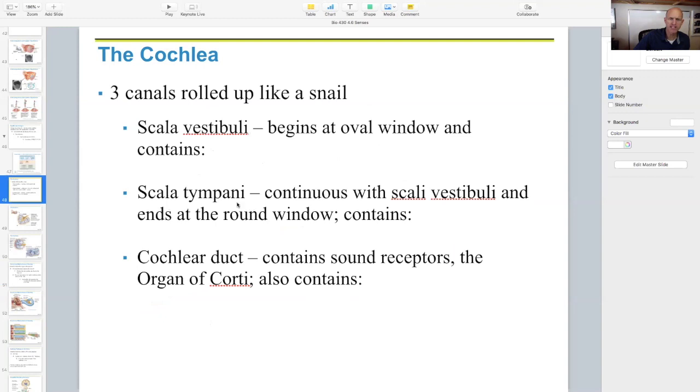Scala tympani is continuous with the scala vestibuli at that top portion and ends at the round window, and it also contains perilymph. The cochlear duct, this is where the sound receptors are. Specifically, that group where the sound receptors are is called the organ of Corti. And in the organ of Corti, you're going to see some hair follicles. Now, this whole duct contains endolymph.